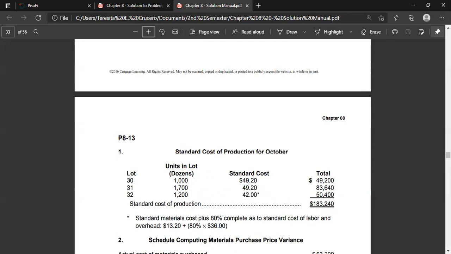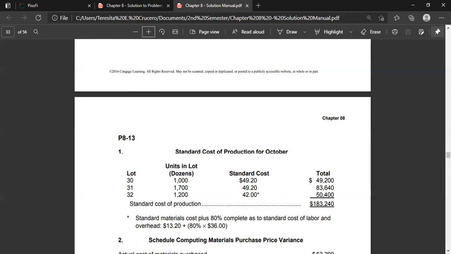Okay, so we now use requirement number 1. Prepare a schedule computing the October total standard cost of lots 30, 31, and 32. So we have now the cost summary as the standard cost of production. The units in each lot, the number of dozens, are 1,000, 1,700, and 1,200, given in the problem.